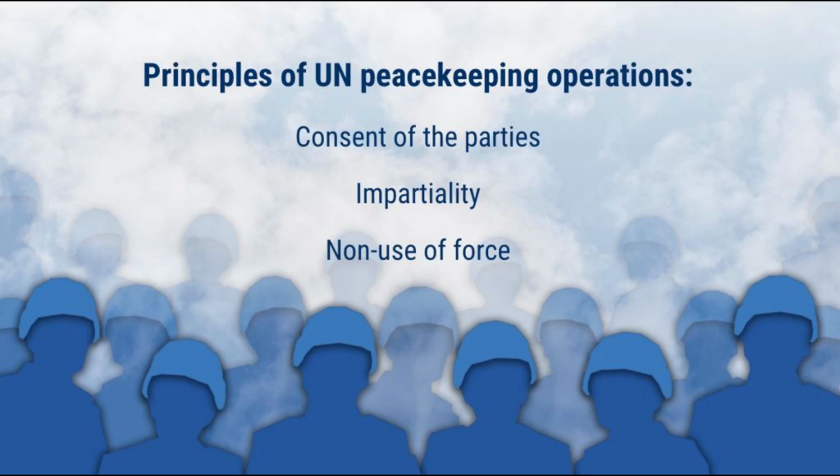What do UN military personnel do? The UN has been deploying military personnel for service in peace operations since 1948, when the Security Council authorized the deployment of UN military observers to the Middle East to monitor the armistice agreement between Israel and its Arab neighbors.